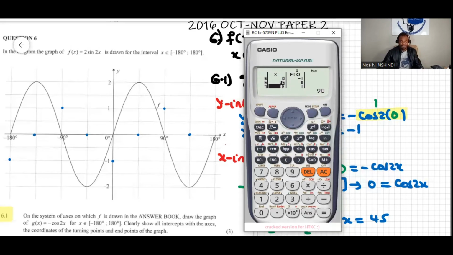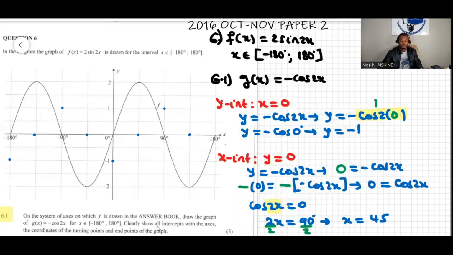Now I will advise you, make some effort not to draw your graph like this, okay? Because it is not similar to these slides. There must be curves. So what we can do is start with the turning points.